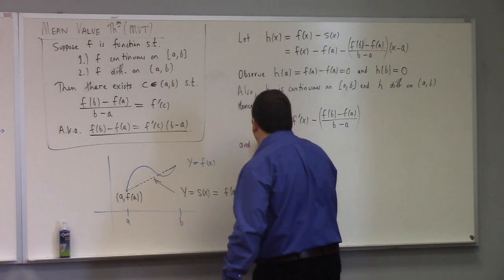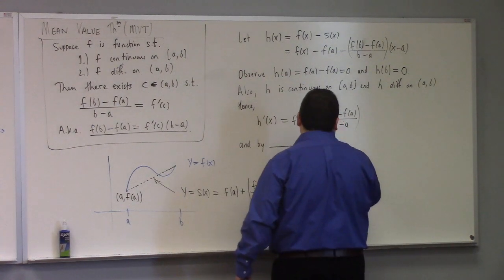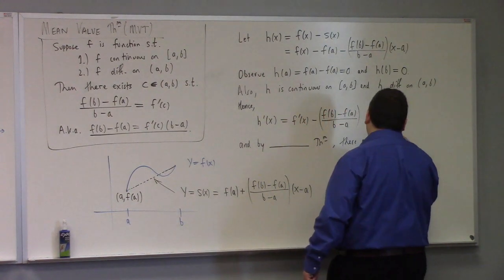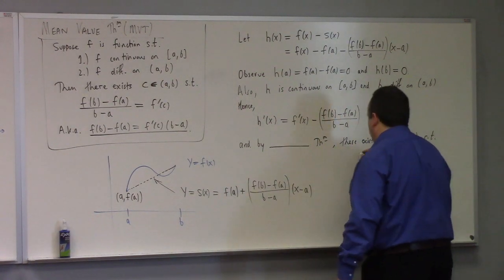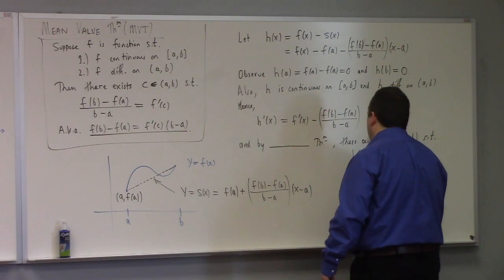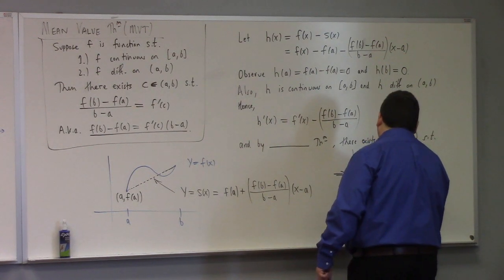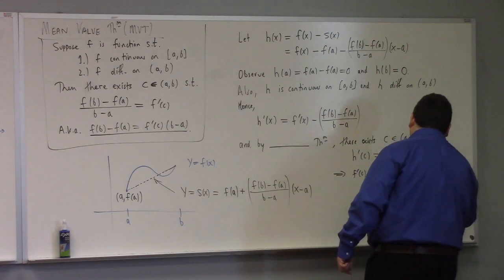And by fill in the blank theorem, there exists C in AB such that what? H prime of C is equal to 0, which gives us that F prime of C is equal to F of B minus F of A over B minus A, which is of course what we're trying to prove.